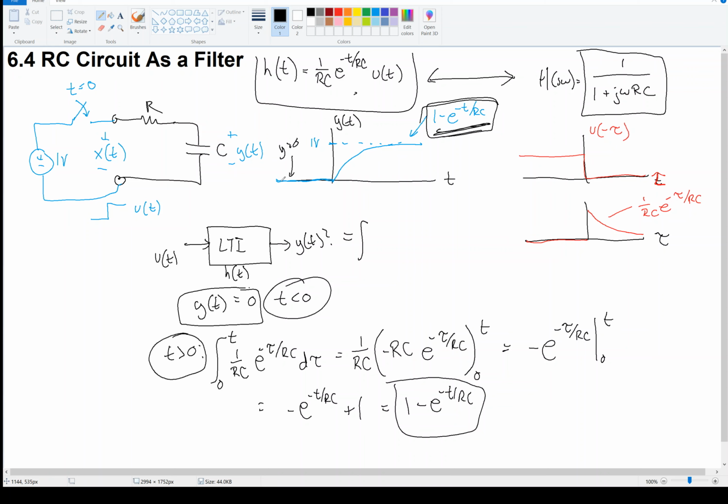And so we can put those two pieces together using the unit step. And we say for all time, y of t is equal to 1 minus e to the negative t over RC times the unit step, right? Because the unit step is 0 here, and then it's 1 here. So then we would have 1 times this over here. And so that's it. That's amazing, right? I mean, we got that two completely different ways.